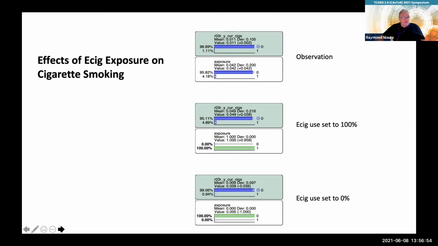If we did the opposite, in the bottom panel, and set all e-cigarette use to 0%, then it goes from 1.1% to 0.94%. So again, that corresponds to the idea that we can predict non-smoking better than we can smoking.